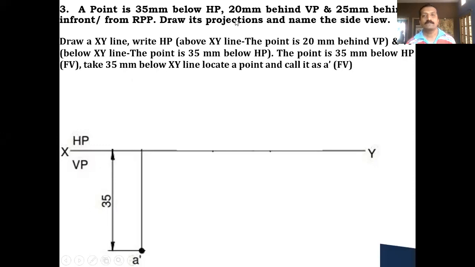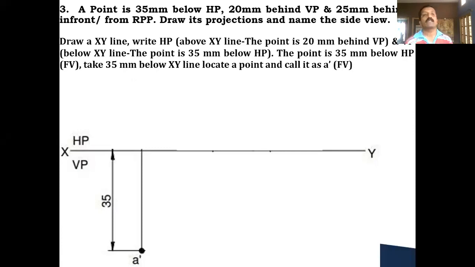So what is the first sentence? A point is 35 millimeter below HP. The above HP and below HP information will always give you the front view. In front of VP and behind VP information will give you the top view.